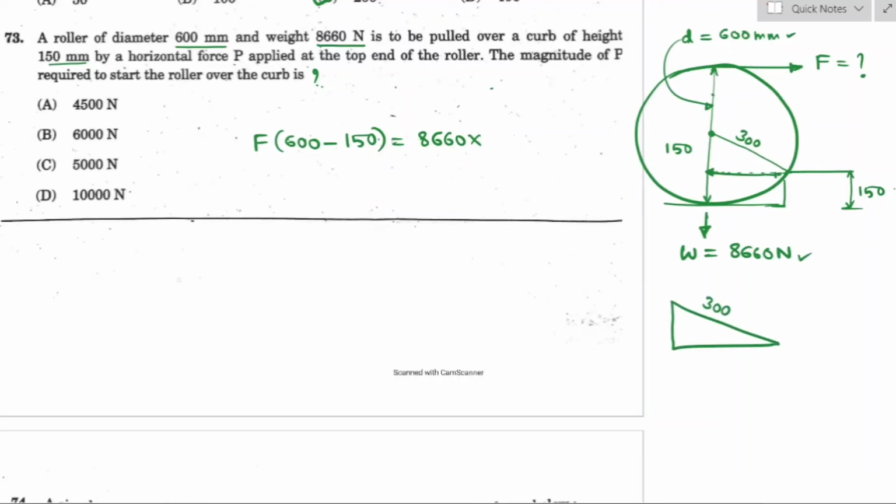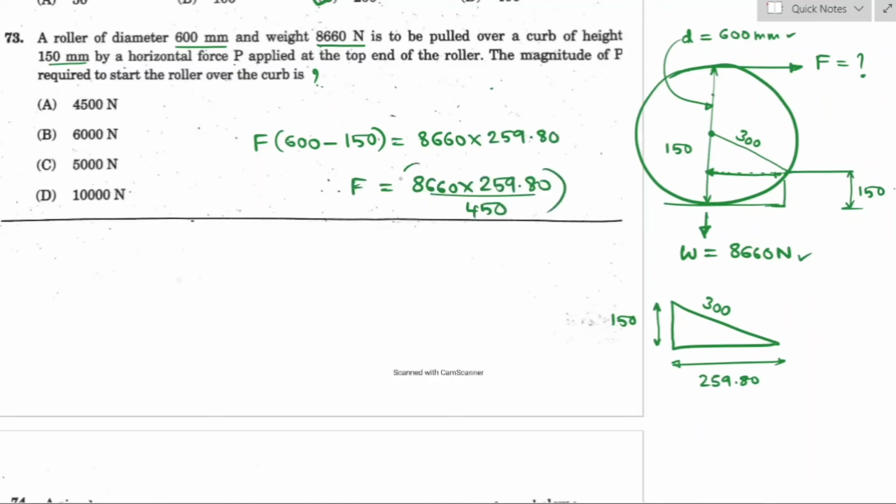Radius is 300 mm, this vertical height is 150 mm. So the horizontal distance will be 259.80 mm. So total weight 8660 Newton into 259.80, which is equal to 5000 newtons. So option C is the right answer.